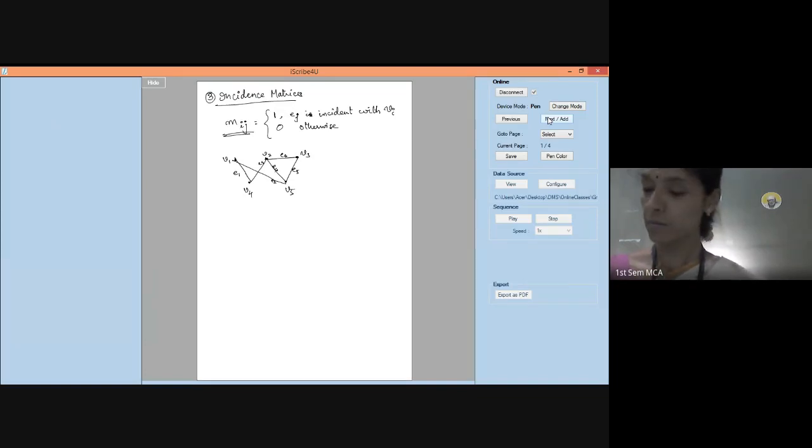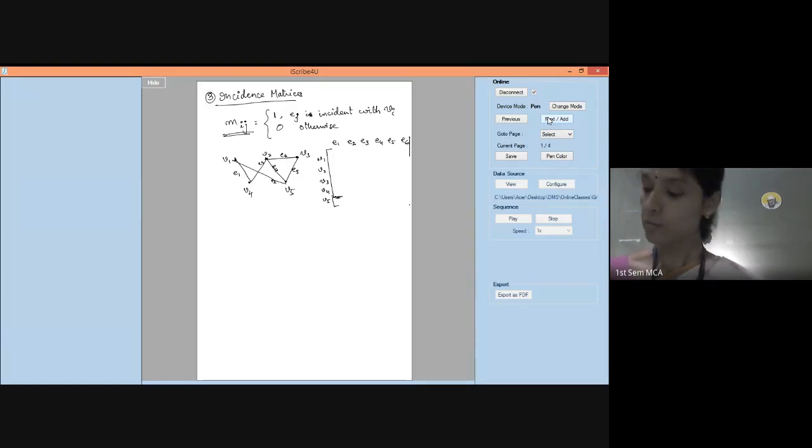Now I put it down in the form of the matrix. Rows will represent your vertices V1 to V5, and the columns the edges E1, E2, E3, E4, E5, E6.